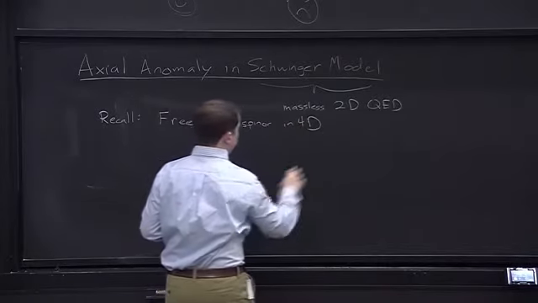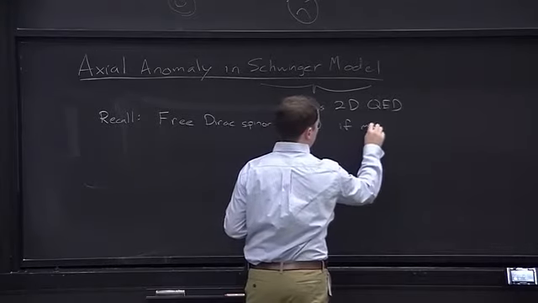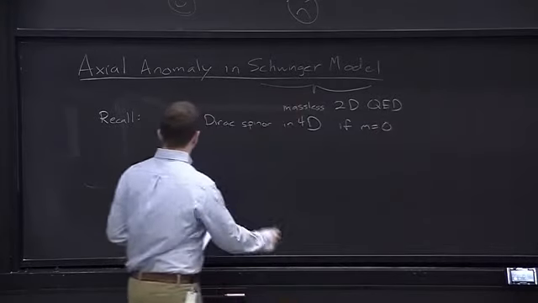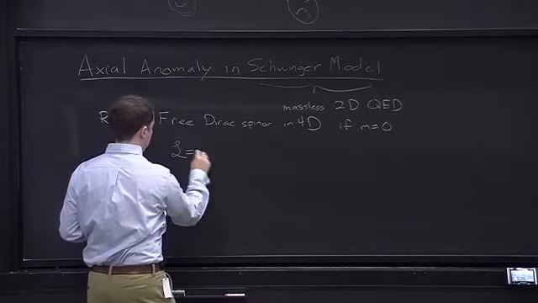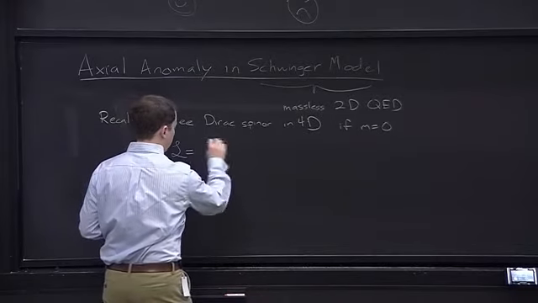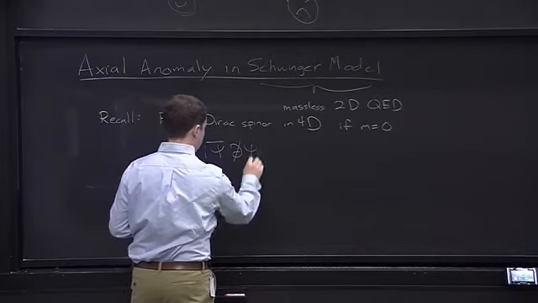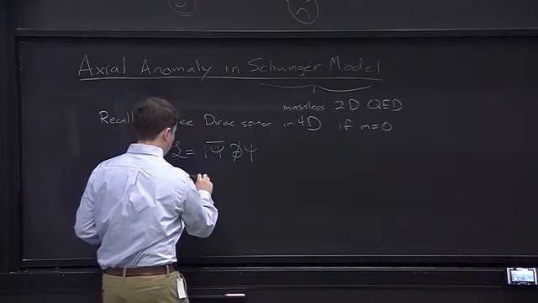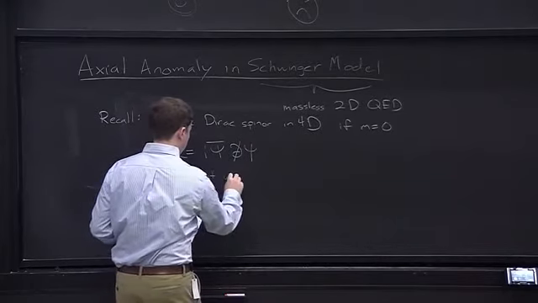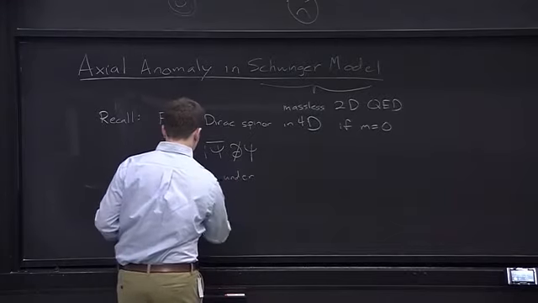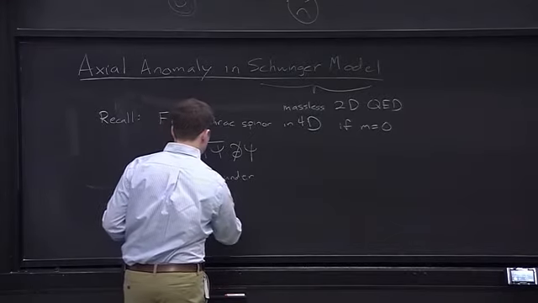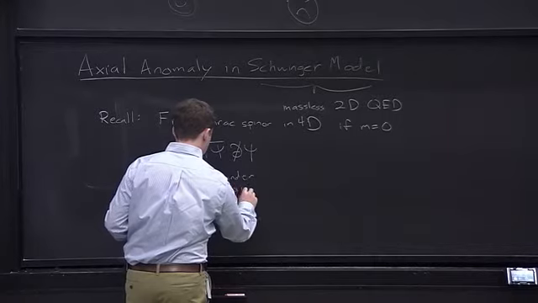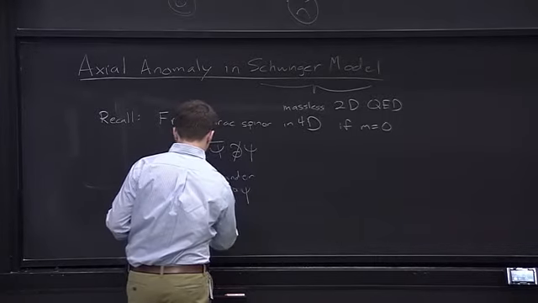If m equals 0, the Lagrangian is just i ψ̄ ∂̸ ψ, and this is invariant under two symmetries: a vector symmetry and an axial symmetry.